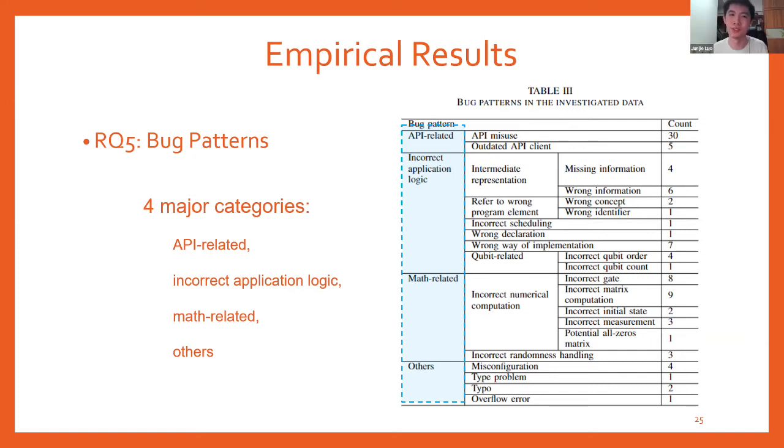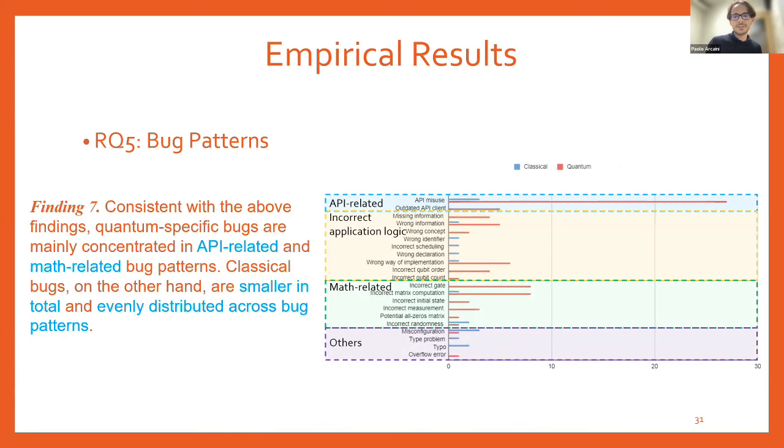Do you mean that we should classify the quantum specific bugs into different bug patterns? So if I take the same patterns also for normal code, would I find a different distribution, or more or less the distribution is similar in normal code? In fact, yes.